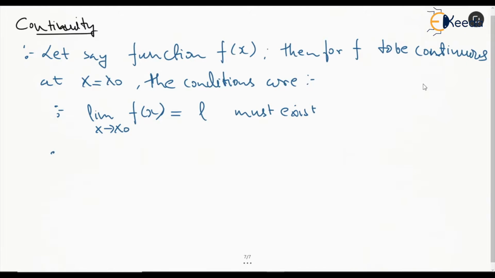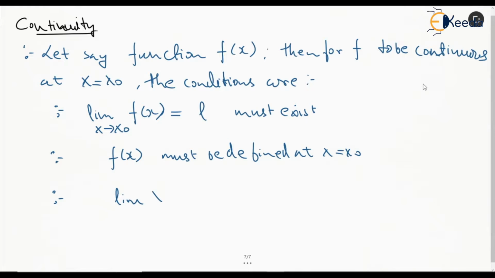Secondly, the function must be defined at x is equal to x naught, and this limit of the function for x tends to x naught should be equal to the function value at x is equal to x naught.